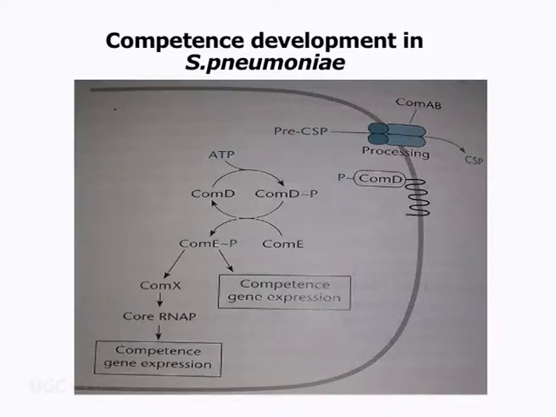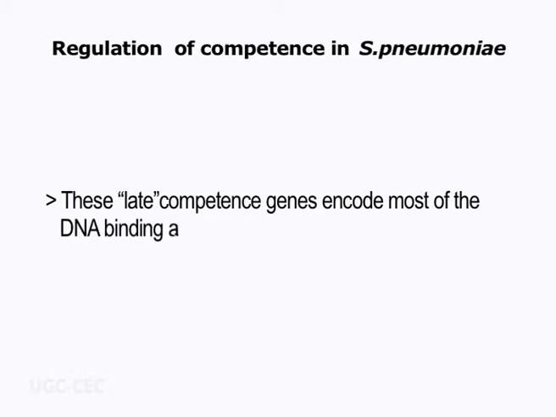So, by synthesizing a new sigma factor, the system has started synthesizing 60 new genes which are involved in competence development. These late competence genes encode most of the DNA binding and transport processes.